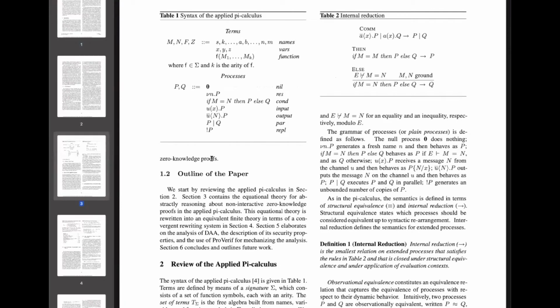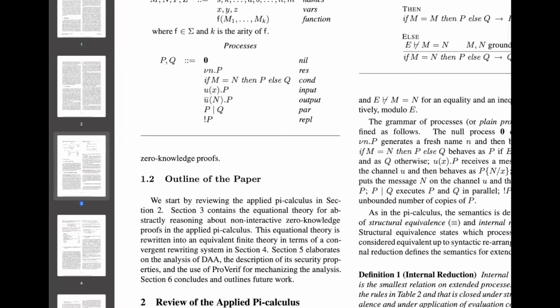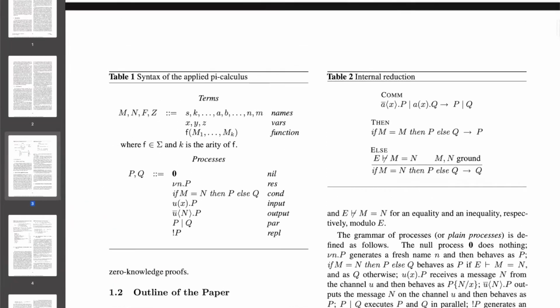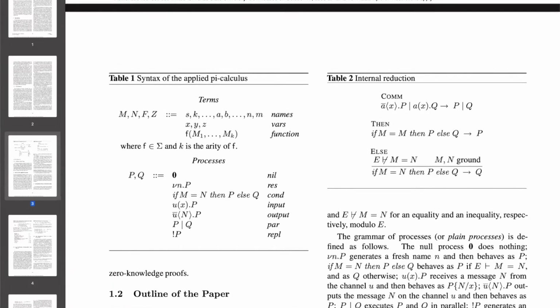So the key trick with the applied pi calculus, as I said before, hang on, let's get this thing expanded a little bit. Here's the basic spec. If we focus down here first, this is your usual pi extended with some syntactic sugar in terms of an if then else.